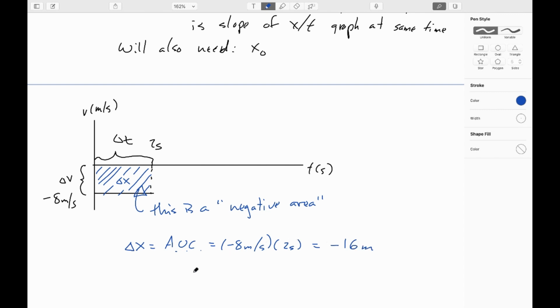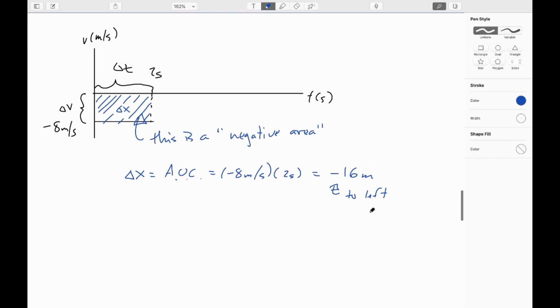So we'd look at this and conclude that the object had moved 16 meters to the left. And that makes sense because the velocity was -8 meters per second, so it told us that we were going to the left. So in order for this area trick to work out, we have to say that areas that go under the line count as negative.